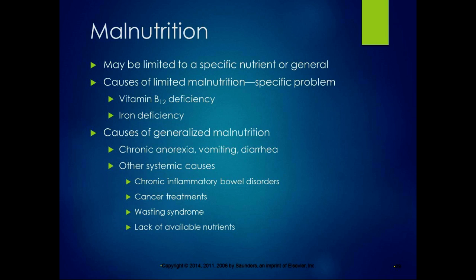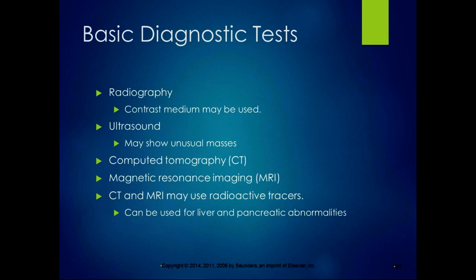Causes of generalized malnutrition can be chronic anorexia, vomiting, diarrhea, or chronic inflammatory bowel disorders. Cancer treatment can cause generalized malnutrition because of malabsorption, wasting syndromes, and lack of available nutrients. So just not having enough of the right things to eat can cause generalized malnutrition.